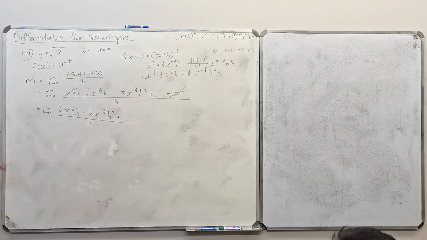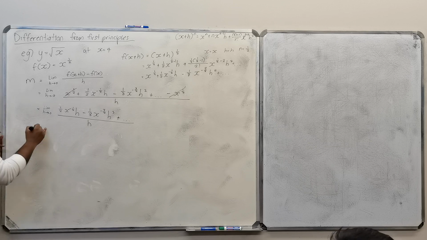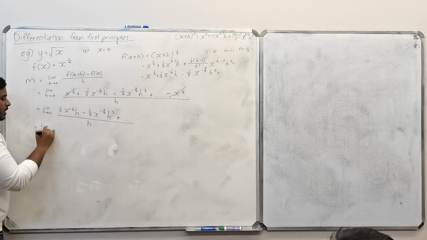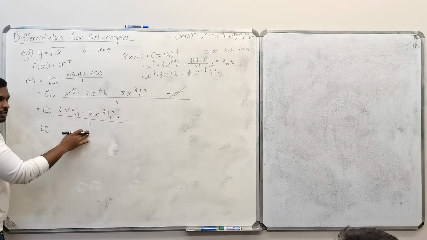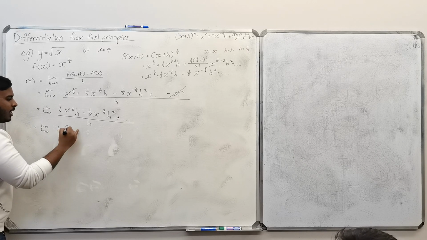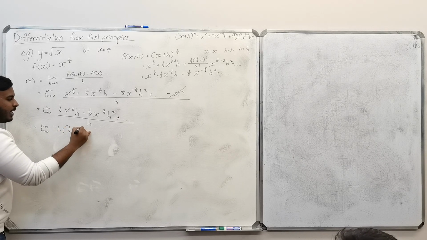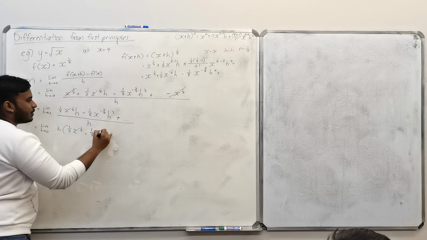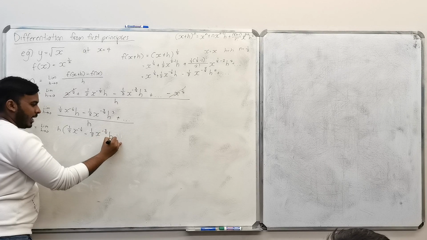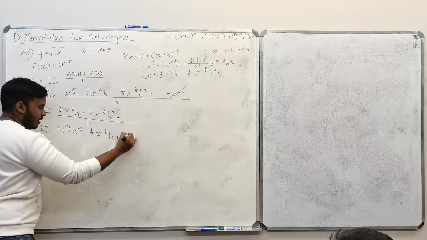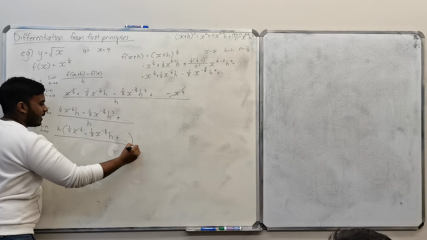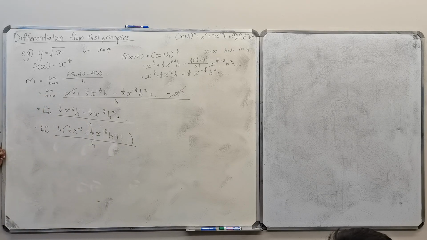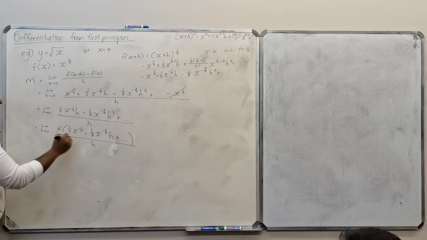Now, if I introduce the limit of 0, I'm going to end up with 0 over 0. So I'm going to pull out a common factor. The common factor at the top is h, and then h will be able to get rid of the h in the bottom. So I'm going to end up with h into half x to the minus half minus 1 over 8 x to the power minus 3 over 2 h plus whatever other powers we carry out later, and h cancels.